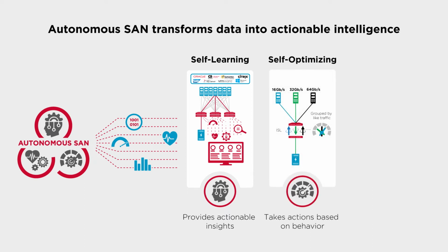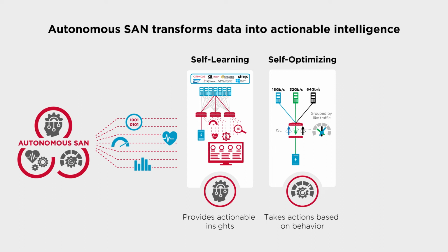The self-optimizing part we talked about with Traffic Optimizer is available with 32 gig and 64 gig, the newer traffic types. We even have virtual channels dedicated for NVMe traffic, which demands ultra low latency. To have the ability to carve out special traffic lanes just for that type of traffic is unique to Condor 5, the ASIC in our Gen 7 family.